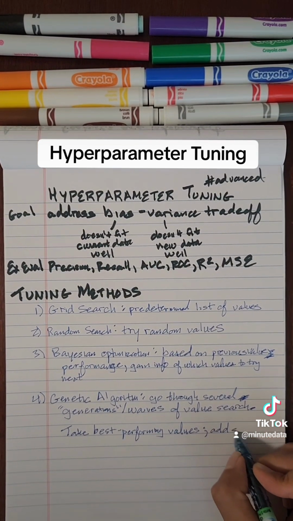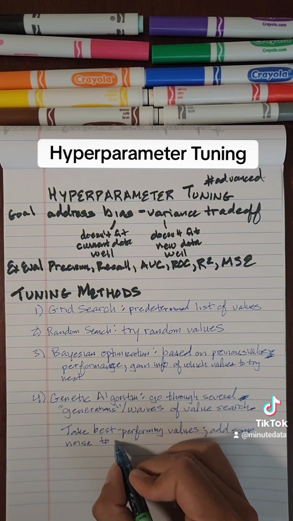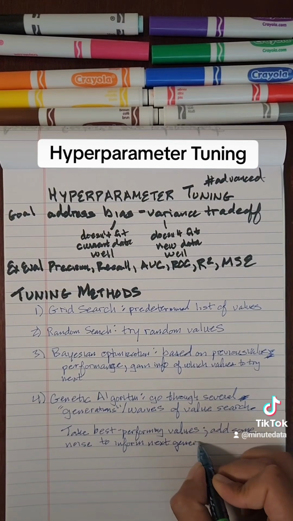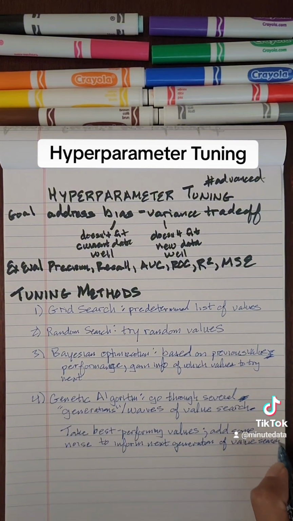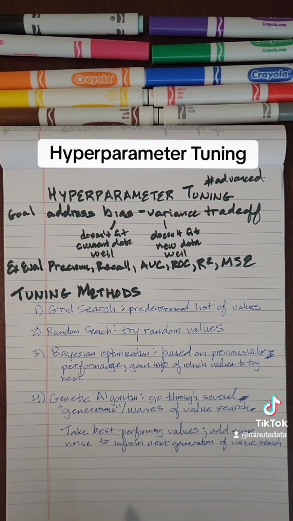You actually add some noise to inform the next generation of value search. So yeah, those are some examples of tuning methods for hyperparameters.